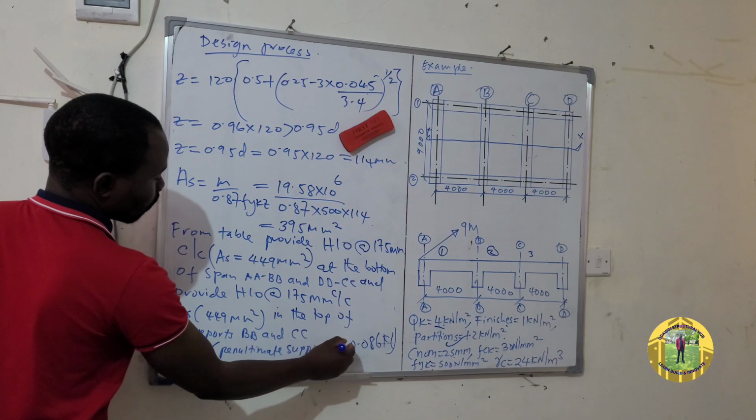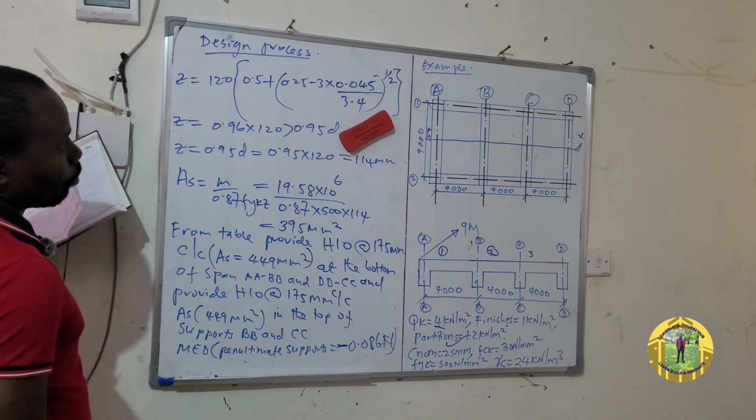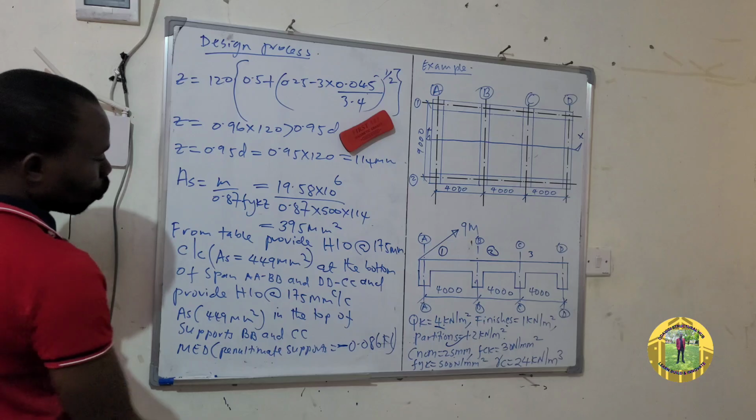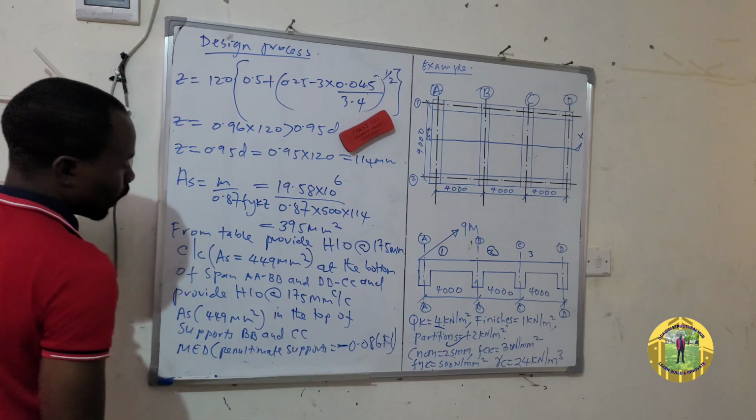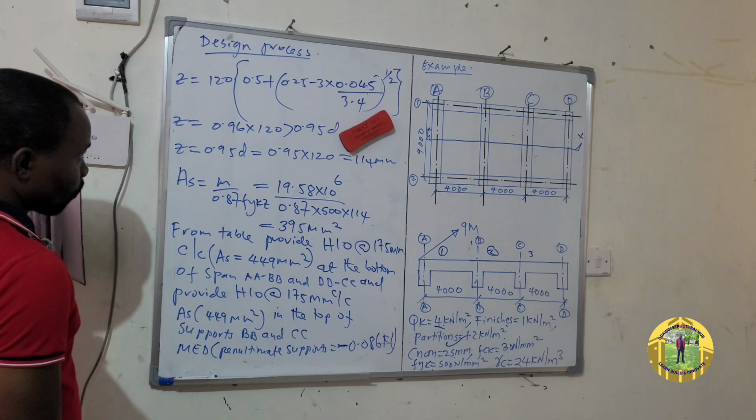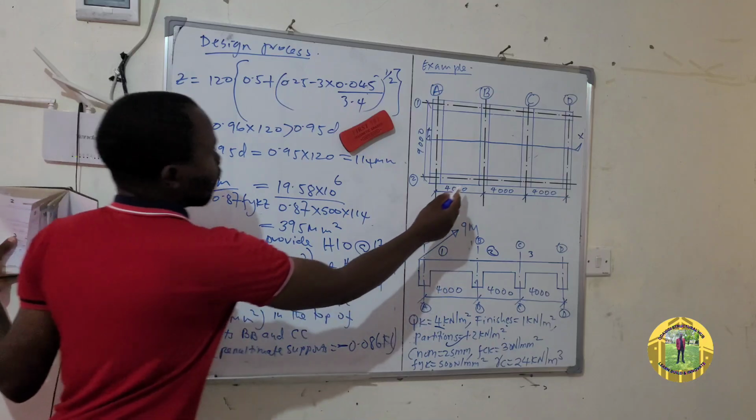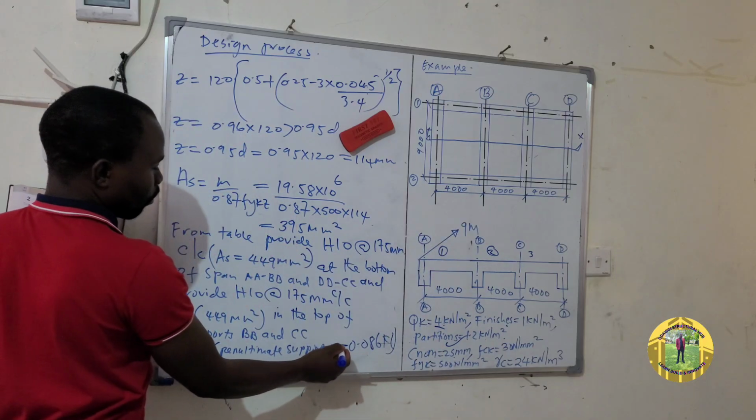So the first one for span AA, BB, and CC, DD was positive 0.086 FL. So for this support, the penultimate support, the formula remains the same, but the sign changes.